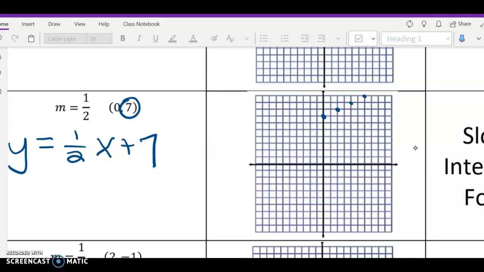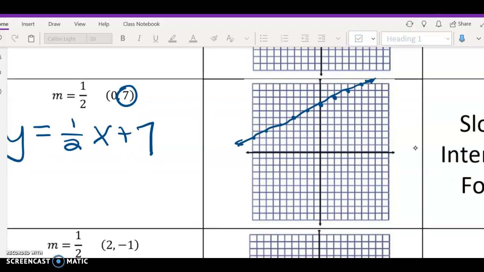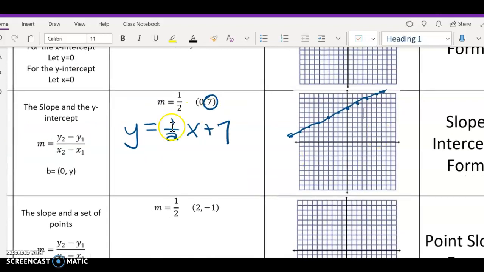To do the other side of the graph, we go down 1 over 2 to keep that straight line going. All right, and then we just connect those dots. A little hard to do on the computer, but it's a straight line, and it's positive because our slope was positive.